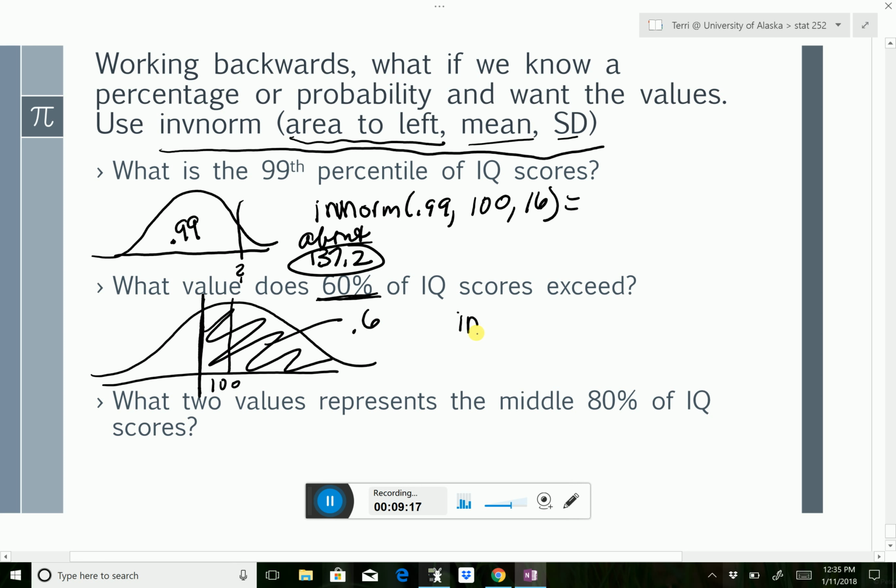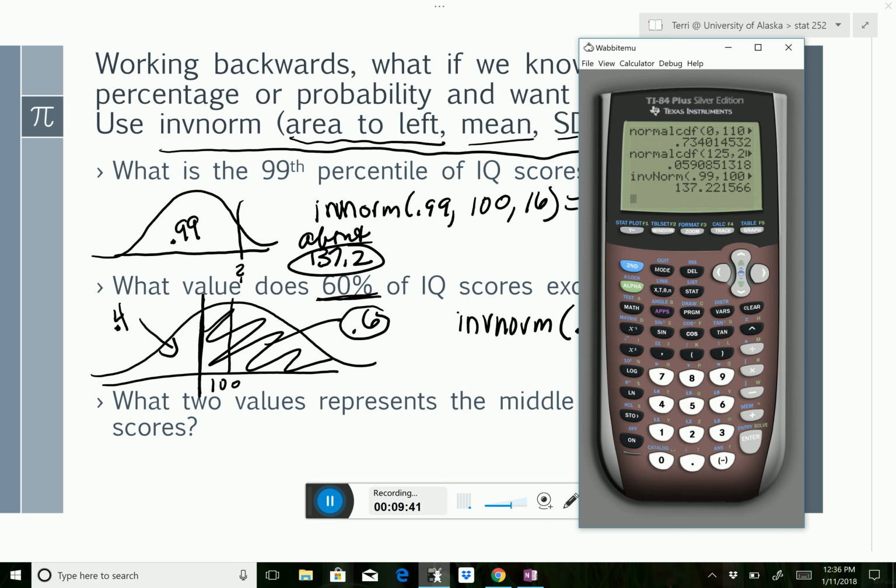Now, inverse norm requires an area to the left. So if the area to the right is 60%, what is the area to the left? Hopefully you cried out at your TV or computer or whatever you're watching this on, 40%. So we want inverse norm of 0.4, 100, 16. So let's do that.